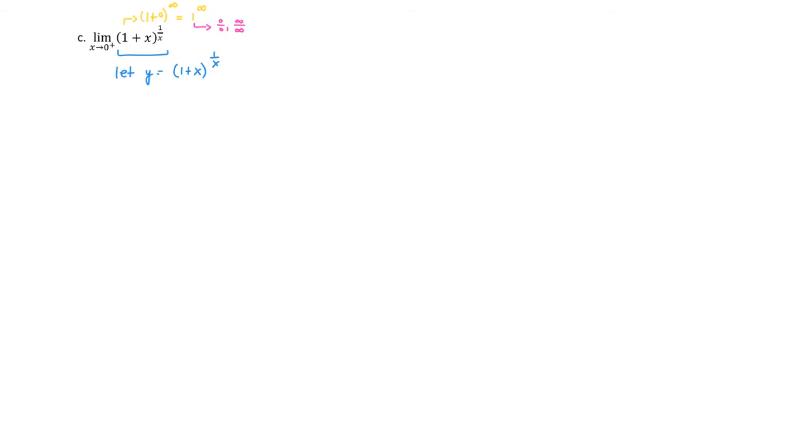If you remember in the last chapter, the way that we dealt with this function was by taking the natural logarithm of both sides. So we're going to take the natural logarithm of y, which equals 1 over x times the natural logarithm of 1 plus x. I don't have to put absolute values around y and 1 plus x because I am only dealing with positive values of x, so these are positive quantities.